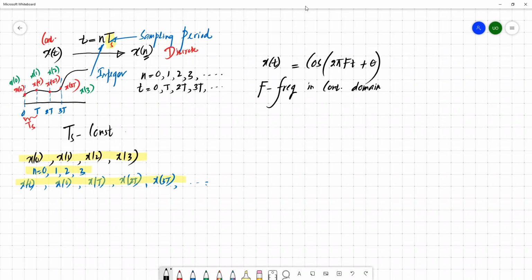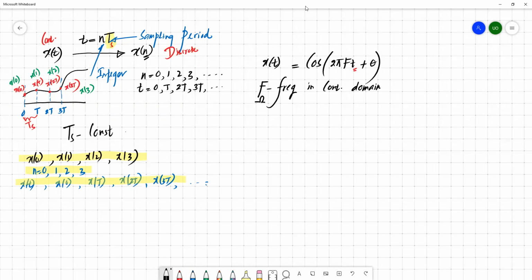So x(t) is a continuous signal, and we took a simple example as a cosine function, cos(2πFt + θ). This is a continuous signal, and capital F represents the frequency of the continuous domain signal.